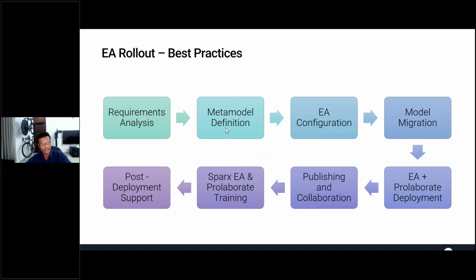So what EA does is let you define a meta model that could exactly zero in on the type of connector that you would like to see, and the type of attributes or tag values that you would like to see. If you could come up with a meta model definition like that, the EA configuration can be tailored to it, so that you only expose the parts of the model that you want your users or your architects to use, and the rest of them will be hidden.